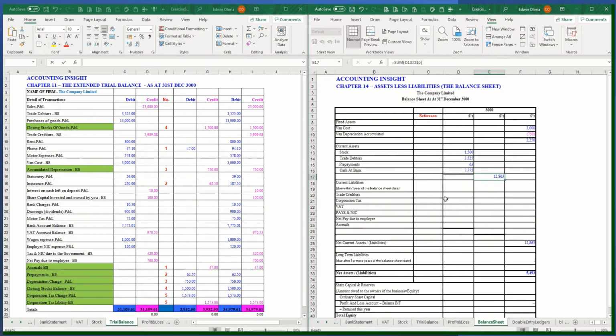We then go to list the current liabilities. So those are items that the business has to pay, and they are normally payable within 1 year. So the first one would be trade creditors, and we got that. Where is trade creditors? There it is.